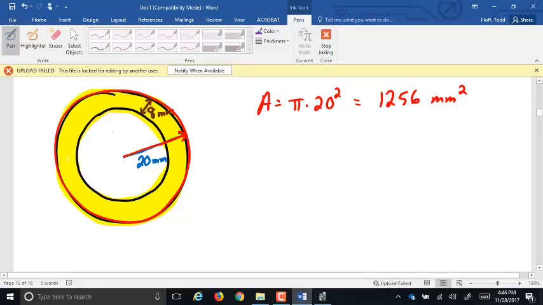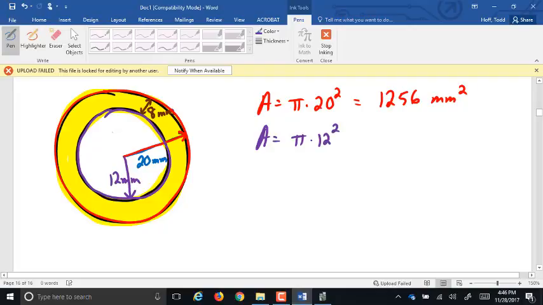From that, I need to subtract out the area of this smaller circle. The area of that small circle is going to be pi times, what's that distance? 12. There we go. 20 minus 8 gives us 12 millimeters there.